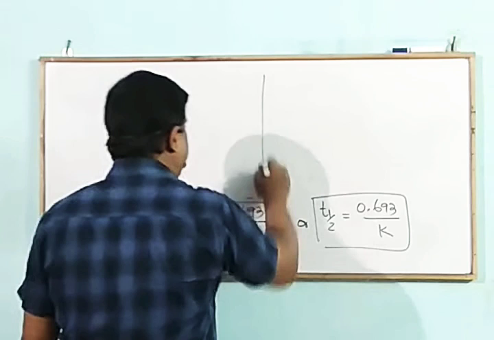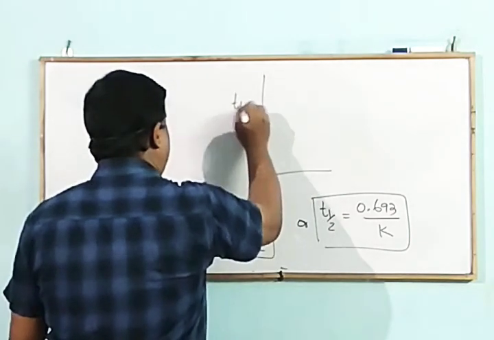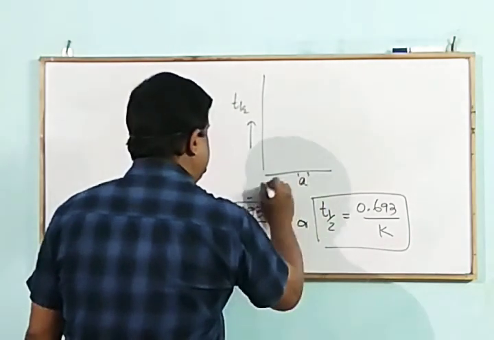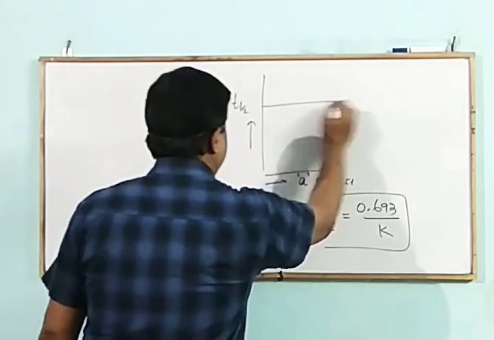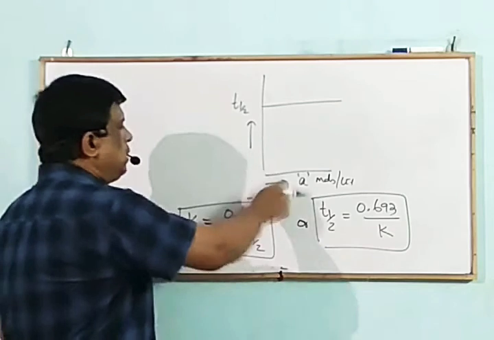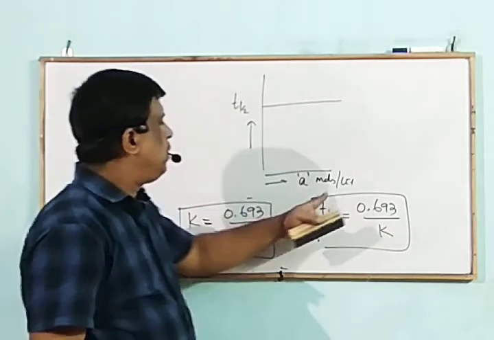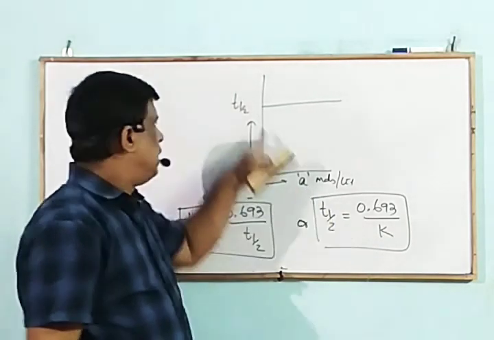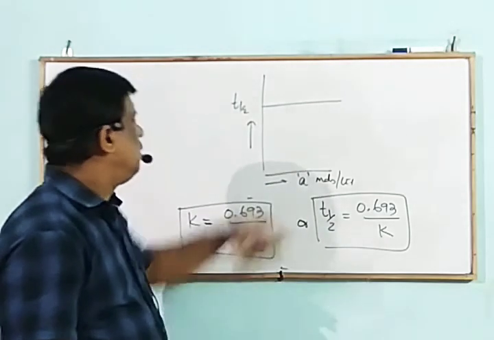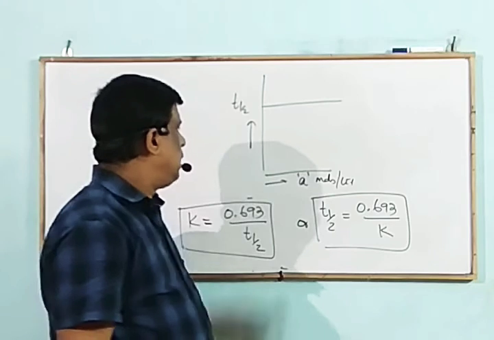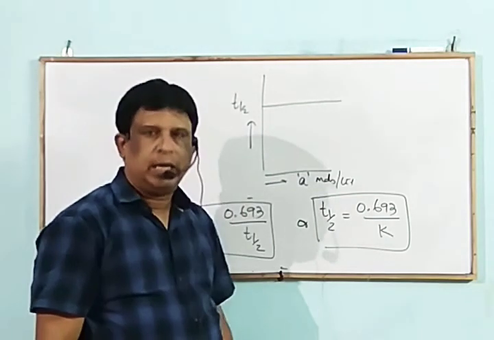So if we plot a graph by taking half-life versus initial concentration in moles per liter, the graph is like this one, because it is independent. Whatever may be the concentration changes, there is no change in the half-life period. So it is a straight line parallel to the x-axis.